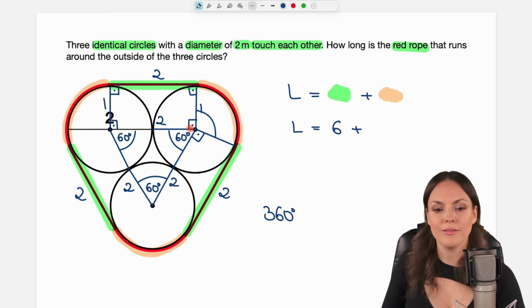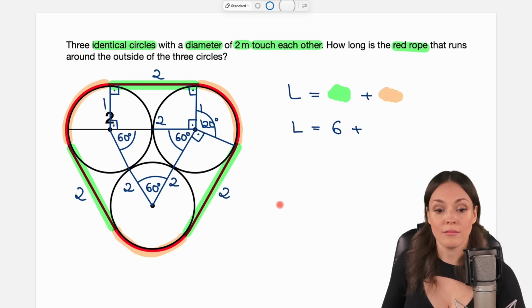So far, we have 90 degrees plus 90 degrees equals 180 degrees, plus the 60 degrees here gives us 240 degrees. To get from here to here, we need an additional 120 degrees angle here for our circular arc.